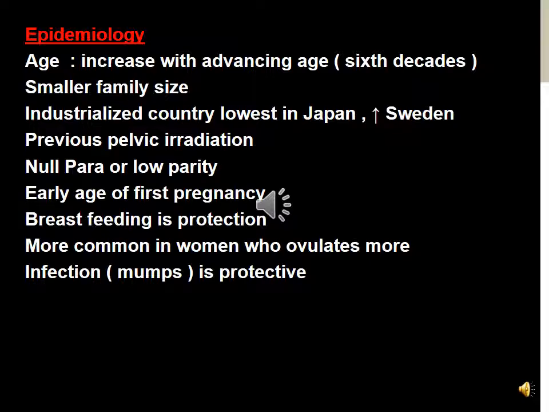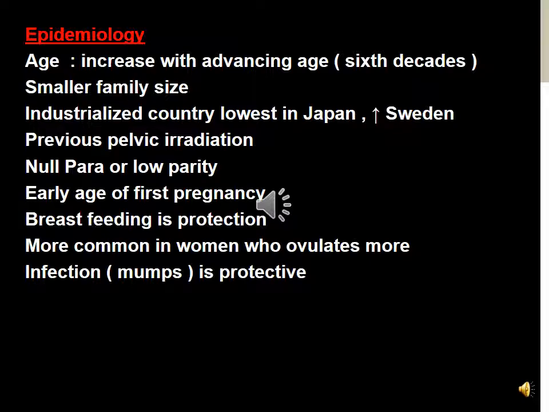What are the factors that reduce ovarian cancer? The early age of pregnancy: the earlier the patient gets pregnant, the less risk of ovarian cancer. Breastfeeding is also a protective factor. As we see from the early age of pregnancy and breastfeeding, there is a suppression of ovulation.